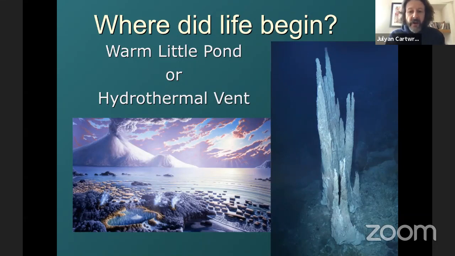So either life began on the surface of the planet in some pond, some water on the surface, or it began at the bottoms of the oceans in hydrothermal vents at the bottoms of Earth's oceans. I'm mostly going to concentrate on the theory on the right, the hydrothermal vent theory, though I shall make reference to both at points along the talk.